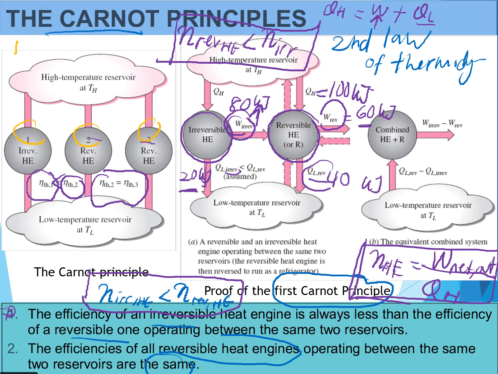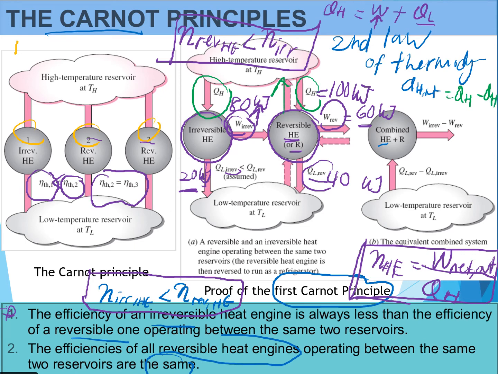For a reversible heat engine, you know that a reverse heat engine is actually a refrigerator, right? If we combine the irreversible heat engine and the reversible heat engine running as a refrigerator, now you calculate what is QH net here. QH net is equal to QH minus this QH that is going out.